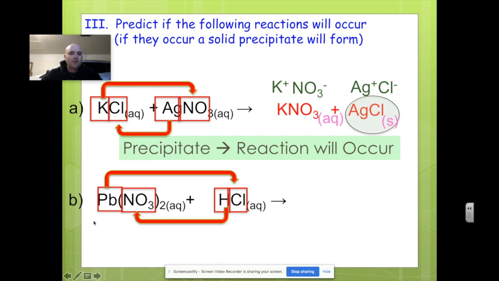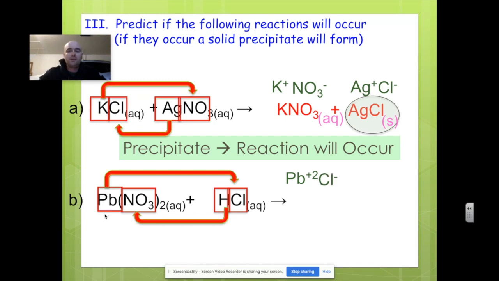So let's try to remember what charge lead was. Well, lead, Pb, since nitrate was a -1 charge, and it always is a -1, you can tell that from your polyatomic list. And we needed 2 nitrates, so we needed 2 -1 charges to cancel out our +2 charge right here. So that means that lead was a 2+ charge.